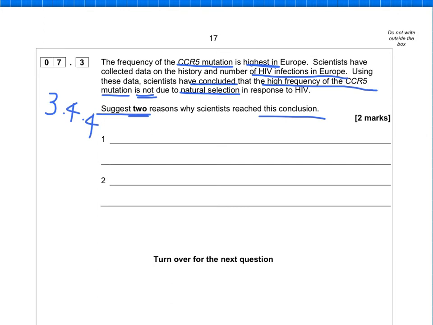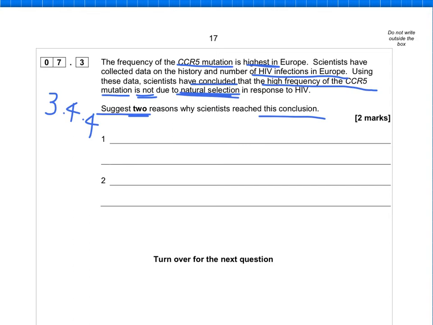For this question, you need to know something about HIV and AIDS. You need to know that HIV has only been present for a short time period. So in terms of your knowledge of natural selection, you'll know that it takes many hundreds, if not thousands, if not millions of years.